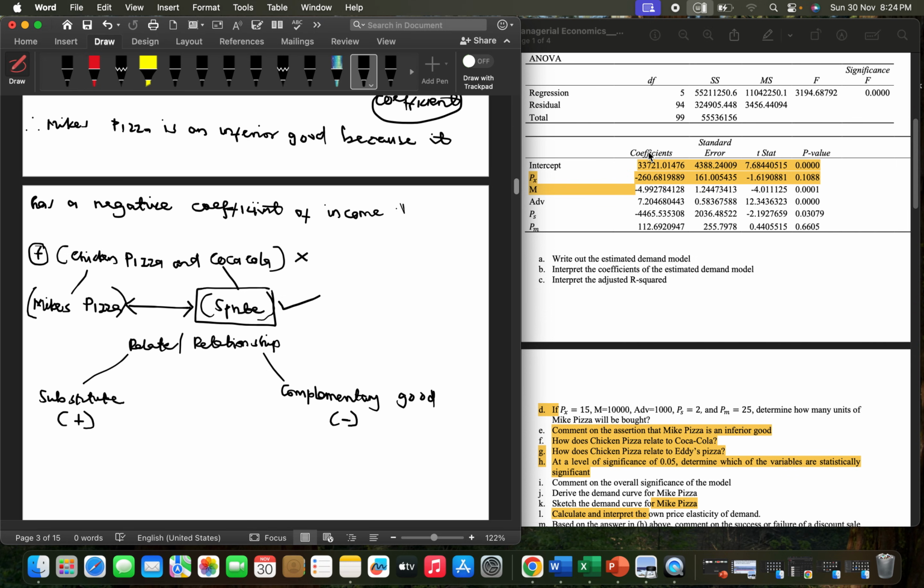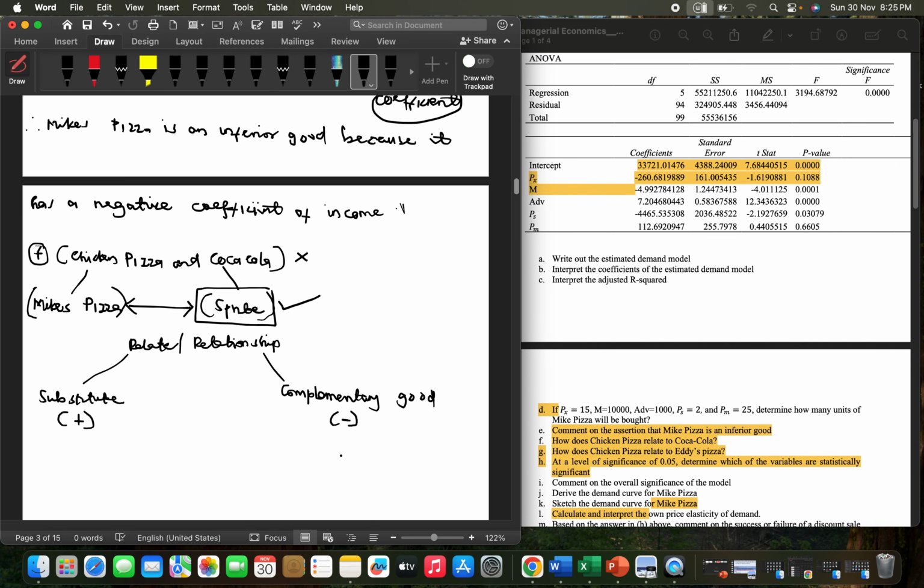So you come to the question. They stated that PS denotes Sprite. So for PS, we check the coefficient. It is negative. So it means it's a complementary good. Now we've identified it.